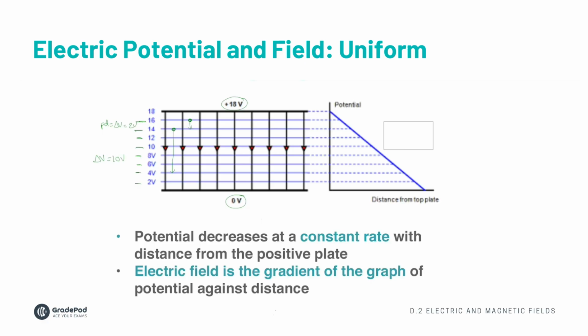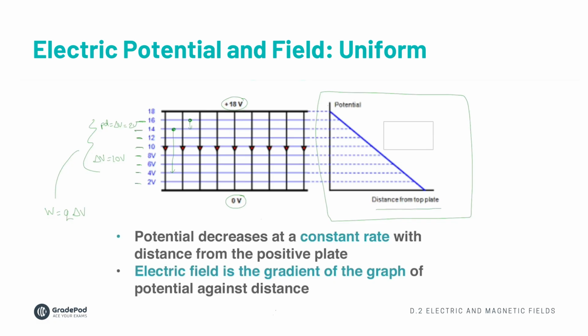If I wanted to work out what the work done there was, I'd do work done equals Q, take the charge of this ion, whatever it is, and multiply it by the potential difference we've just worked out. I'm quite interested in how that relationship changes with distance though. And what I've done here on the right hand side is I've equated it to a graph. And I've said, let's plot a graph of potential against the distance from the top plate.